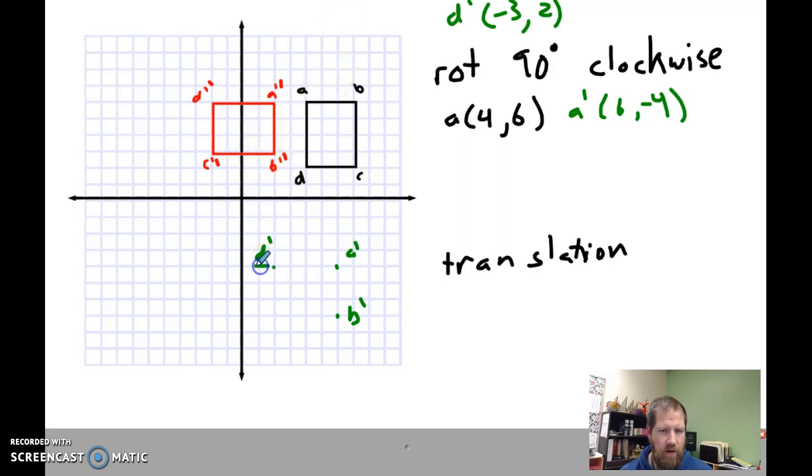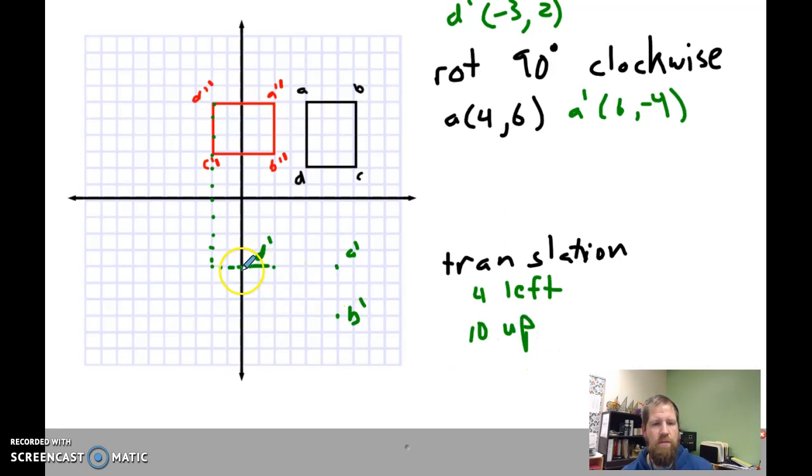My D came over right there, so that was 1, 2, 3, 4 to the left. So 4 left, and then up 1, 2, 3, 4, 5, 6, 7, 8, 9, 10, and then 10 up.